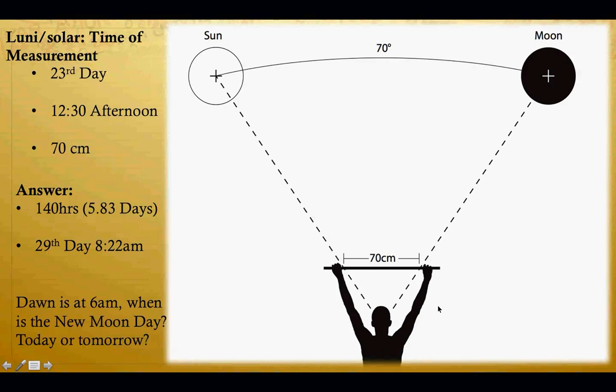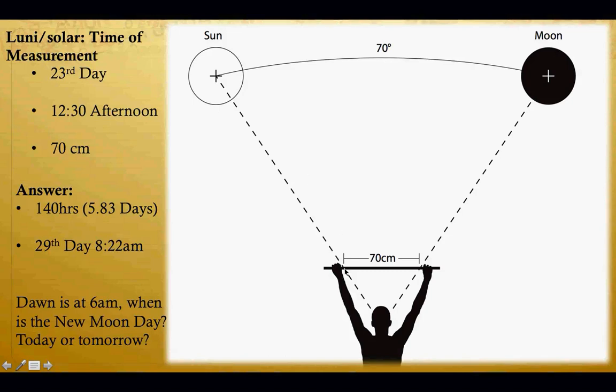And you're looking down at the man, and he's extending his arms. And if you could see the man's head, you could see those dotted lines going down. His eyes are looking at certain points on his staff that go up to the center of the moon and up to the center of the sun that's chasing the moon.